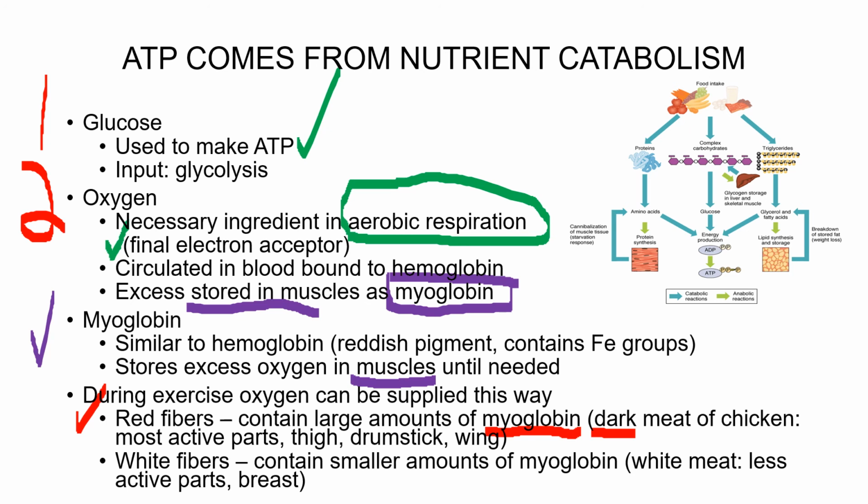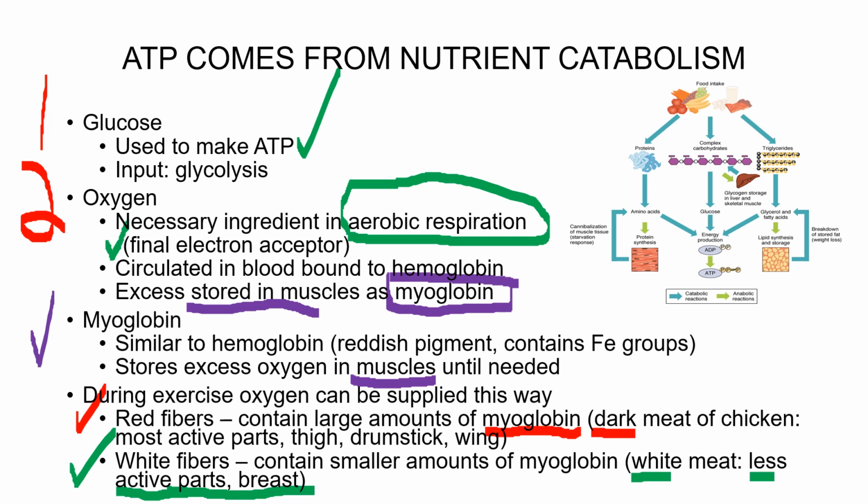And then you have the light meat, also known as the white meat, and this is more of like the kind of burstful, exploding type of muscle fiber. So you can see in a chicken, for example, less active in the breast. And if you've ever chased a chicken before in a cage or something, they can't fly, right? They have wings, but they can only fly for X amount of seconds, right?